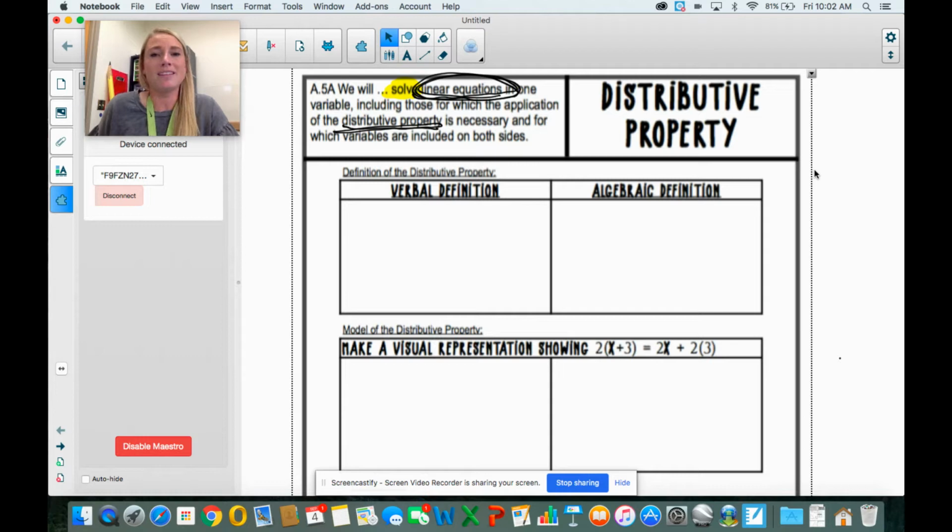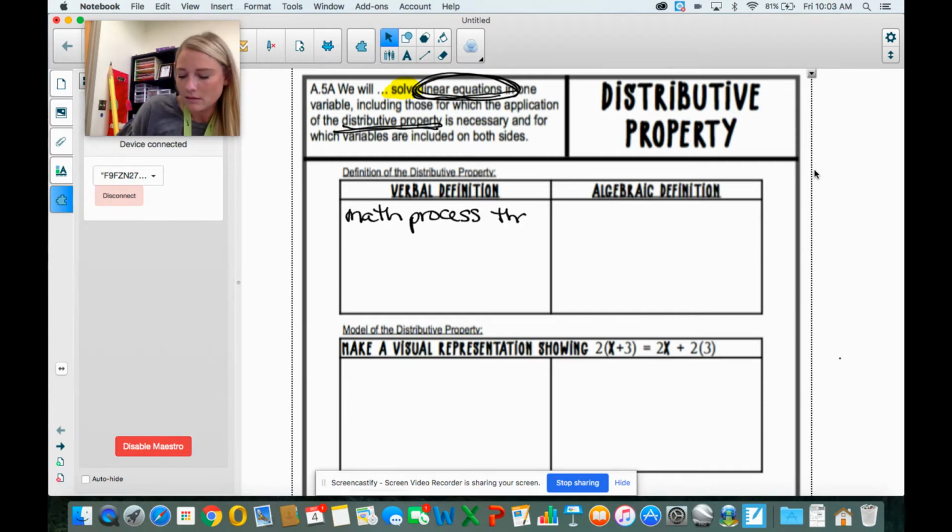So when we talk about the definition of distributive property, there's a verbal definition and then there's an algebraic or math definition. Okay, so a verbal definition, we just want to define it as a math process that involves two different operations.